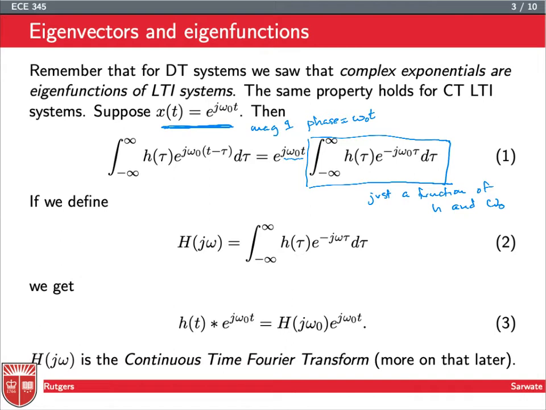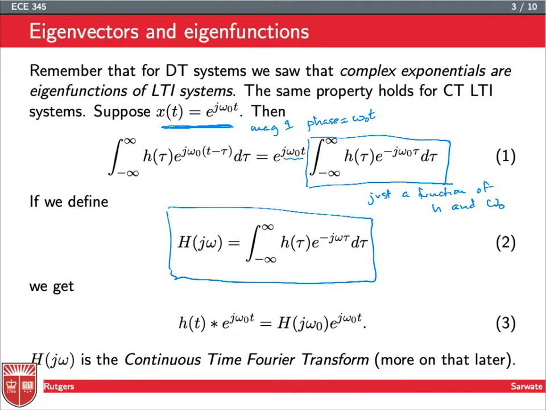So let's define this function here. H of j omega is just this integral of h of tau e to the minus j omega tau d tau. And then we can write our formula up here: h star e to the j omega naught t is equal to H of j omega naught times e to the j omega naught t.